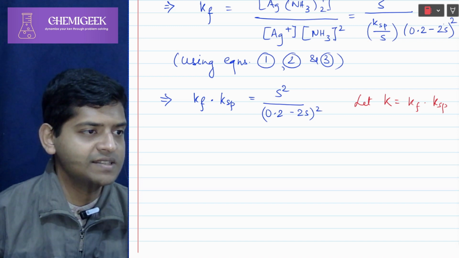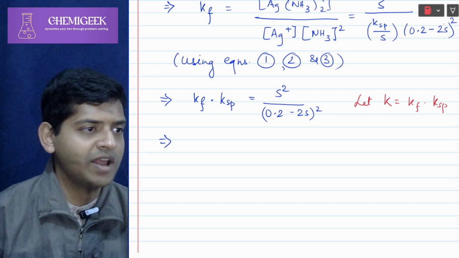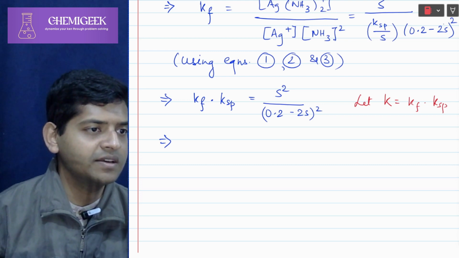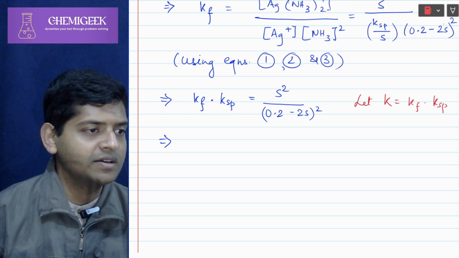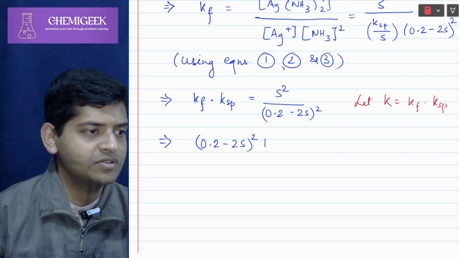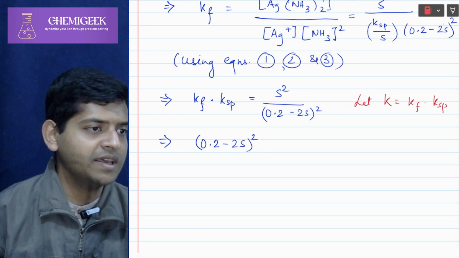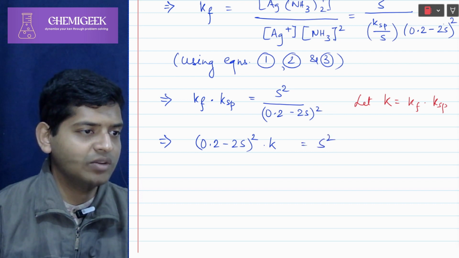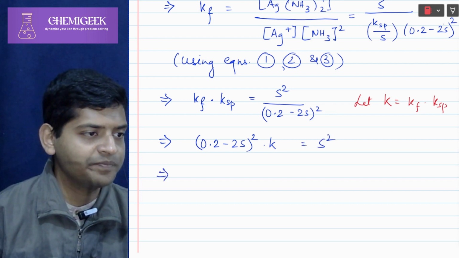Now, if we take this formation constant multiplied by the solubility product as equal to capital K, we get (0.2 minus 2S) whole square multiplied by K is equal to S square. So we are trying to get an equation out of it which we can solve.